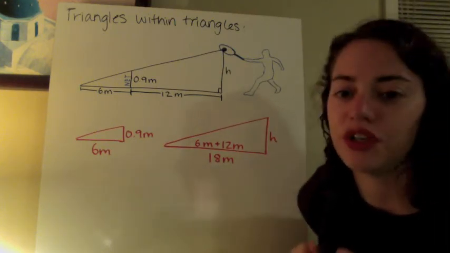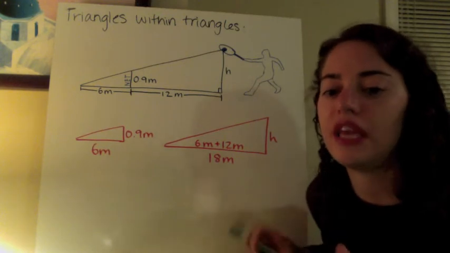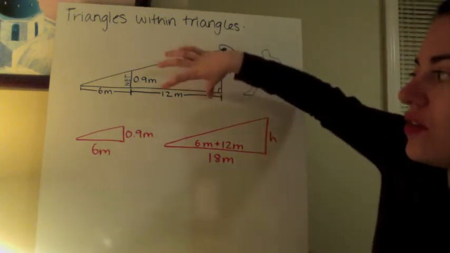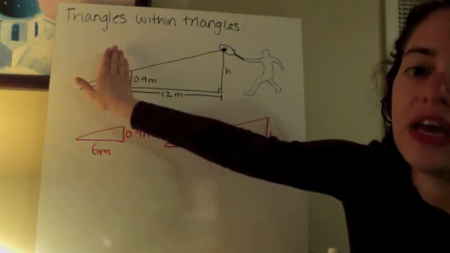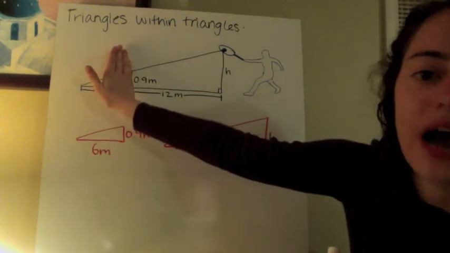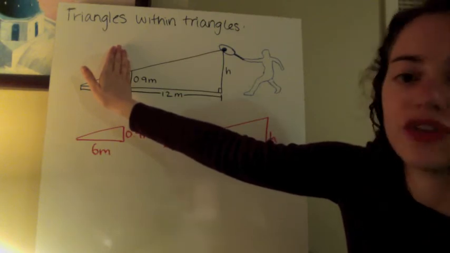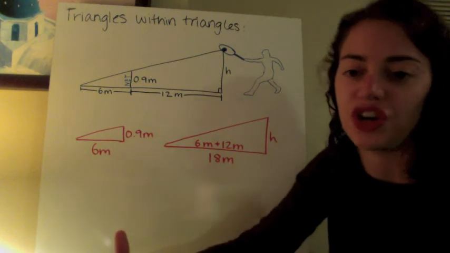My advice when you're doing these problems is to separate it into 2 separate triangles so you can keep the numbers straight between which ones are parts of the triangle, like this 12 meters here. That's just part of my bigger triangle. If I were to cut after that 12 meters, I would have a trapezoid, not a triangle. So it's important that we understand that so that our proportions are correct.